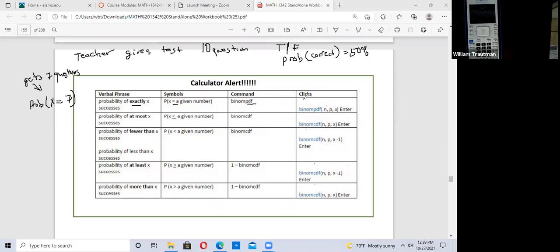In this problem, n equals 10, there are 10 questions. The probability is 50%, and x equals 7, because we want to talk about exactly 7 correct. So I'm going to go ahead and do that on my calculator really quick. Turn it on. I'm on the calculator page.